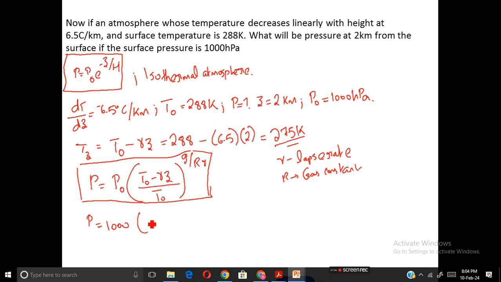So P0 is 1000, T0 minus gamma Z we just calculated. It was 275 by surface temperature, which is basically 288, raised to G is 9.8 by 287 into 6.5. Can you calculate and tell me the value?